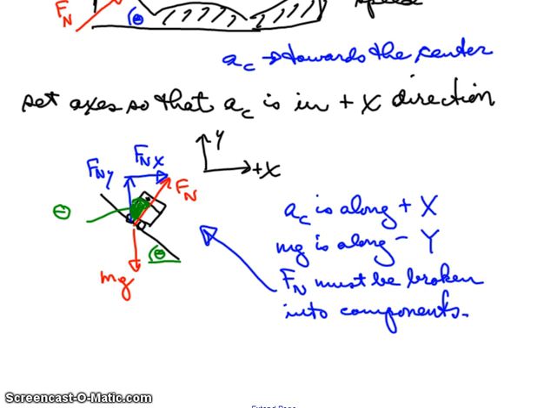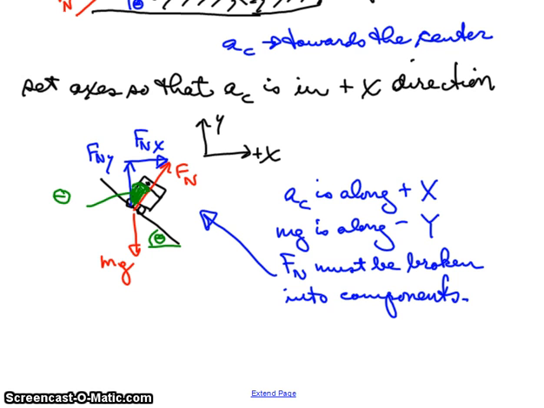Let's draw the triangle over here so we can see it a little bit clearer. We have f sub n, we have f sub n in the y direction, which you can see from up here is going to end up equaling mass times gravity. And you have f sub n in the x direction.